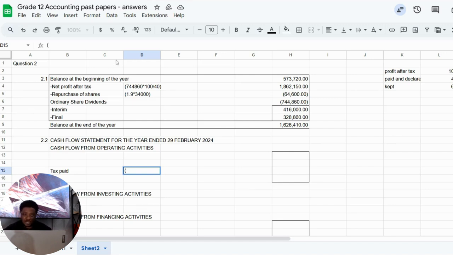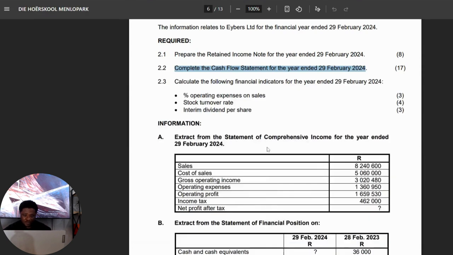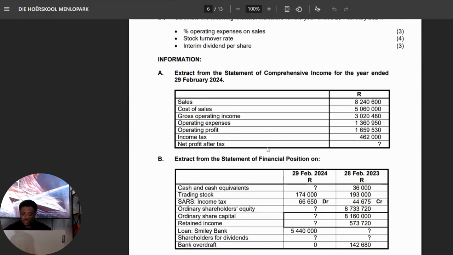So let's start then with the balance at the beginning of the period relating to SARS income tax. So at the beginning of the period, you can see that the business had a credit balance. So in other words, the business at the beginning of the current year owed SARS 44,675.